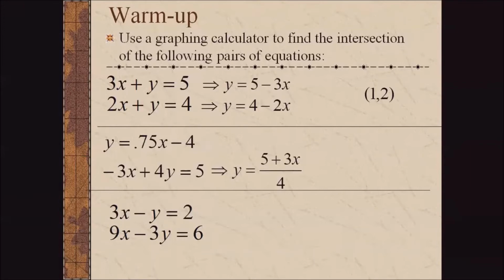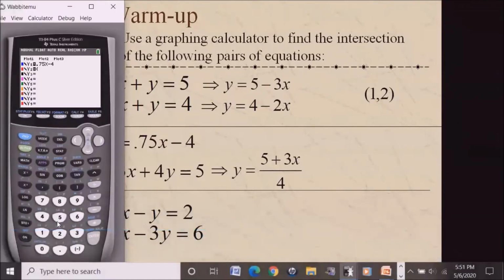Now let's put each of these into our graphing calculator. In y1, I put 0.75x minus 4. In y2, I put 5 plus 3x in a parentheses so that we can keep the numerator grouped together, divided by 4. Again, I'm going to start with a zoom 6, and let's see what these graphs look like.